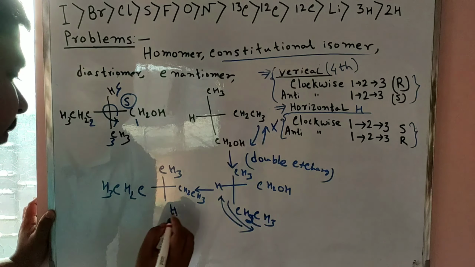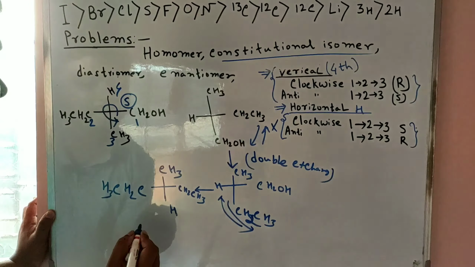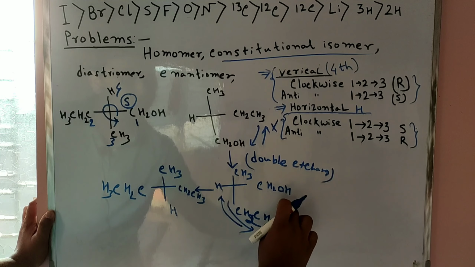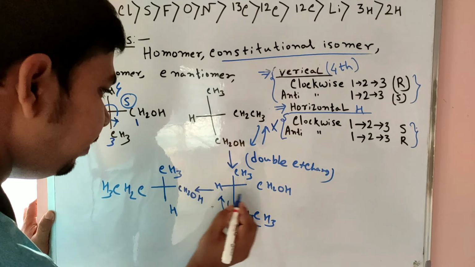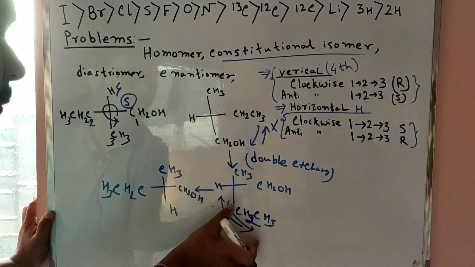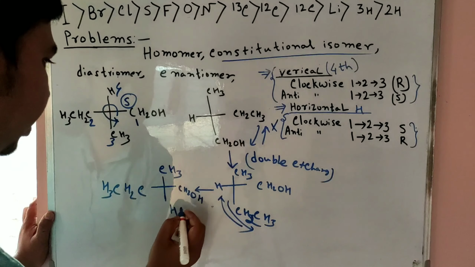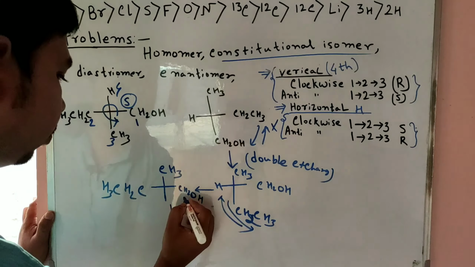Then, after that, for our priority order, these two just change. CH2OH remains the same, but these two groups just change their position. So this one is 1 according to the priority rule, this one 2, this one 3, this one 4.